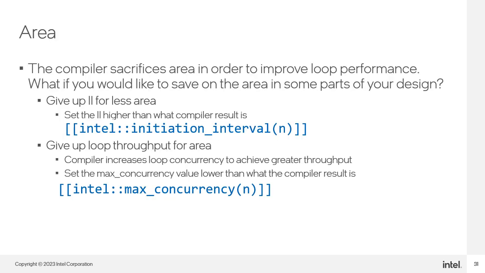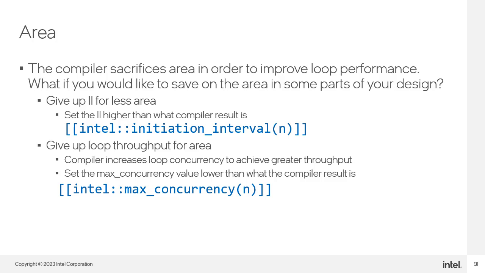Area might be something you are interested in and you care about. Normally, the compiler will sacrifice area for a low II, implying that you have taken much area to accomplish that II. If you would rather have area available, you can use the attribute as shown to give up II, setting n to a value higher than the initial report showed.